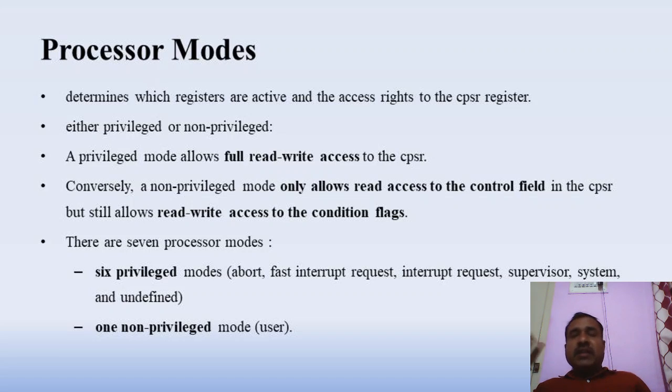I told you there are 7 modes, out of which 6 are privileged modes: abort, fast interrupt request, IRQ, supervisory mode, system mode, and undefined mode. All these modes are privileged modes, and there is only one non-privileged mode, that is user mode.